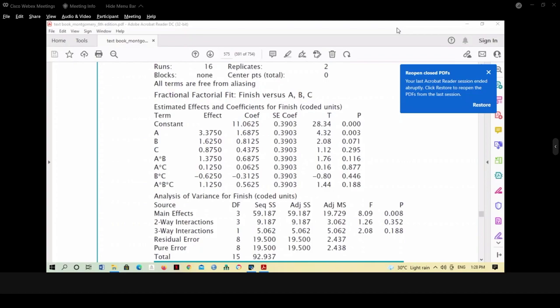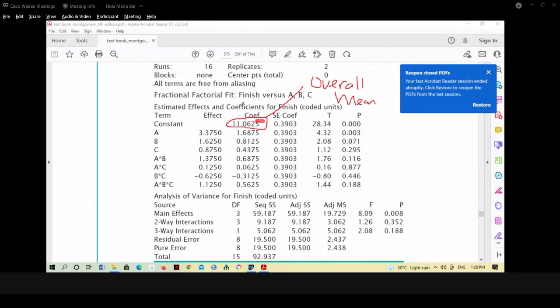Remember, when I said overall mean, you need to add all 16 observations.